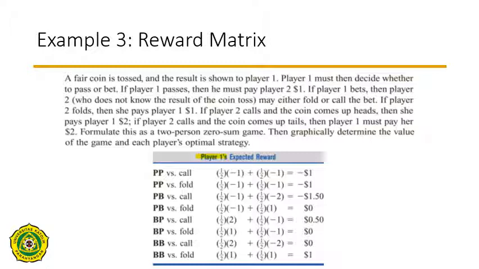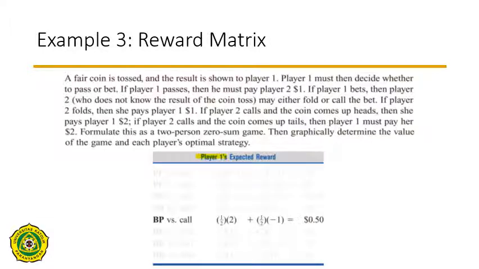So we need to calculate the expected reward for each pair of the strategies that player 1 plays and player 2 plays. For example, let me show you how we may compute the expected reward for this pair of strategies: BP for player 1 versus call for player 2. Let's start by computing the expected reward by realizing that we cannot control the outcome of the coin toss.